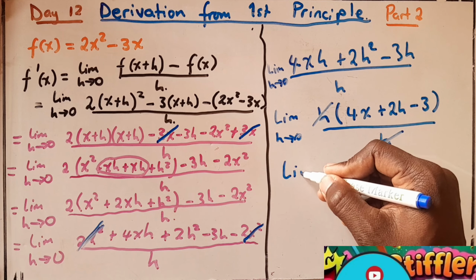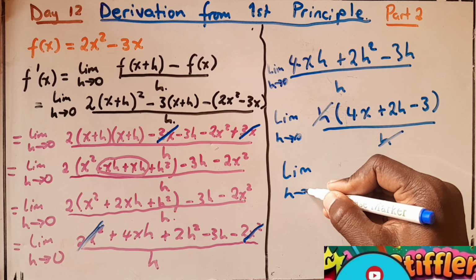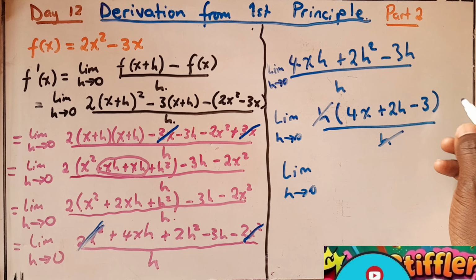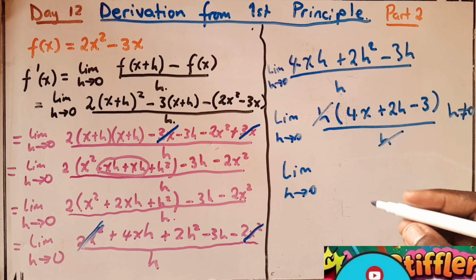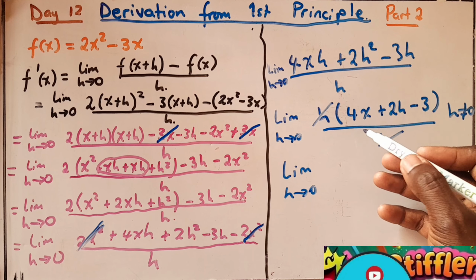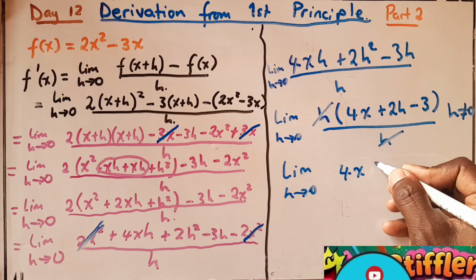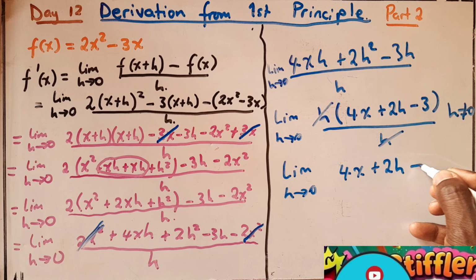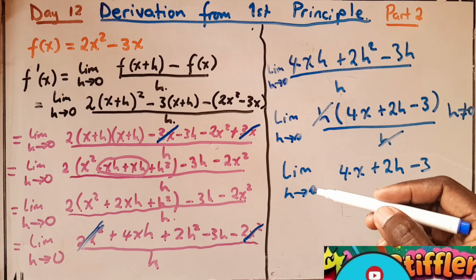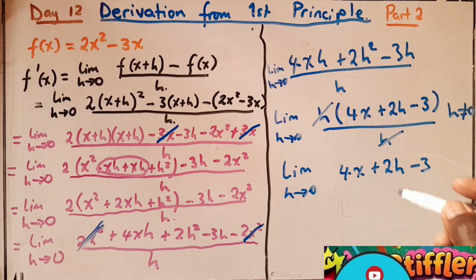So this is the limit when h tends to 0. So here you can write that h is not yet equal to 0, right? So now it means that we are having our 4x plus 2h minus 3. But now we said our h is tending to 0, so it means that this can become 0.